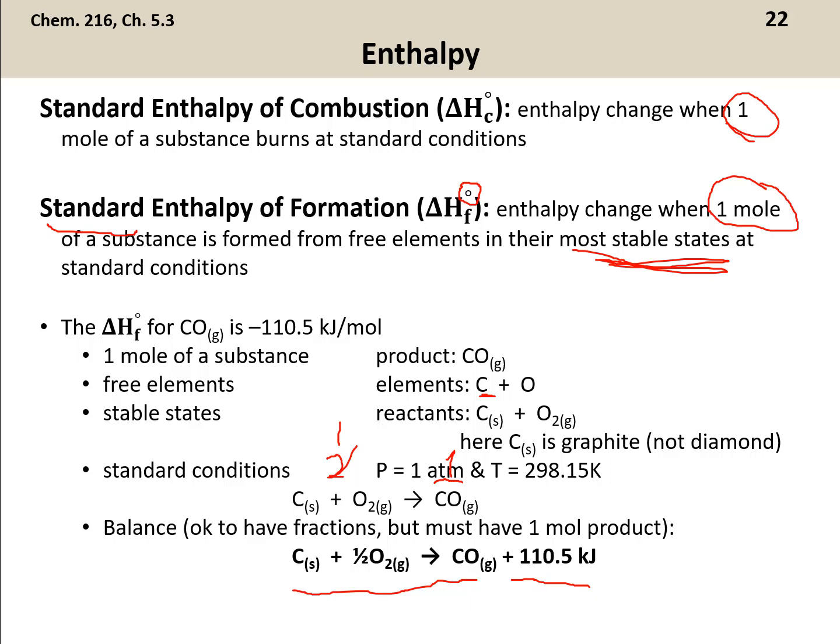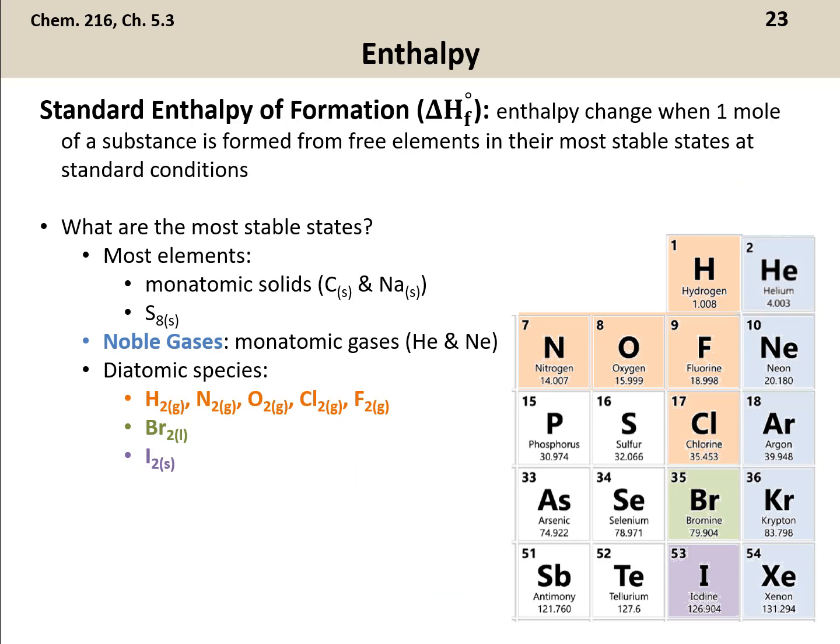All right, so we said stable states. What does that mean? We need to look and figure out what the stable states for everything is. All right, so for most elements, their most stable state is as a monatomic solid. What does that mean? Mono means 1, atomic means atom, so 1 atom of that solid.